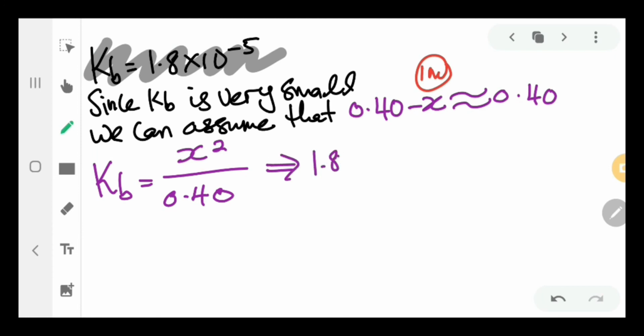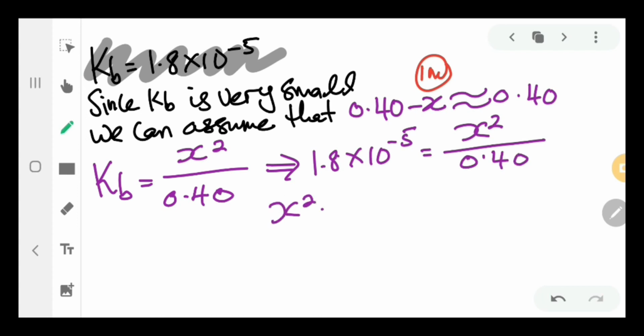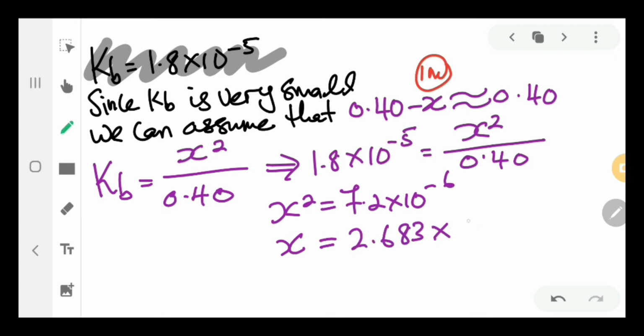You get 1.8 times 10 to the power of negative 5 times 0.40, so X squared equals 7.2 times 10 to the power of negative 6. So the value of X would be 2.683 times 10 to the power of negative 3. So this is the value of X.